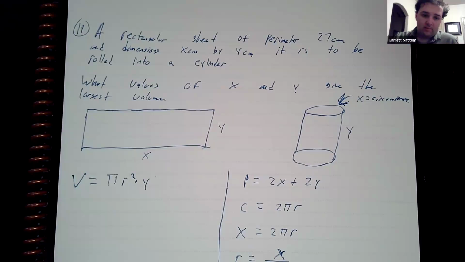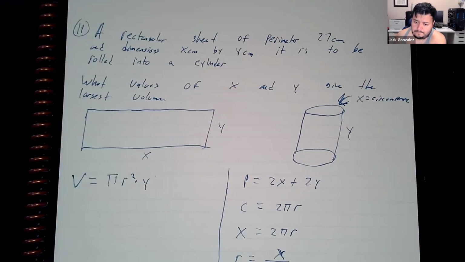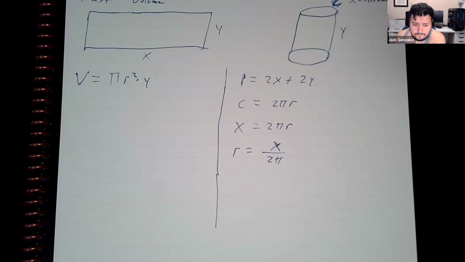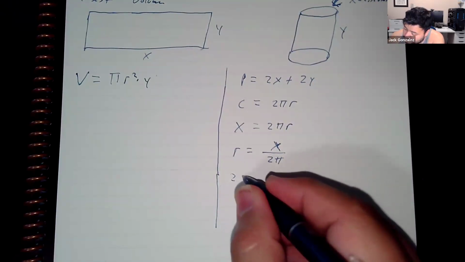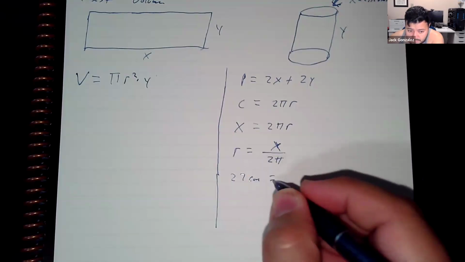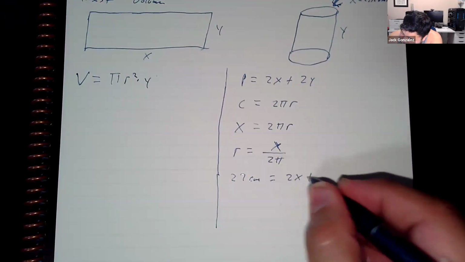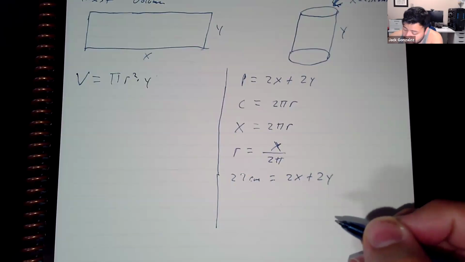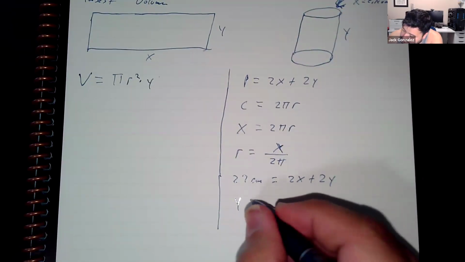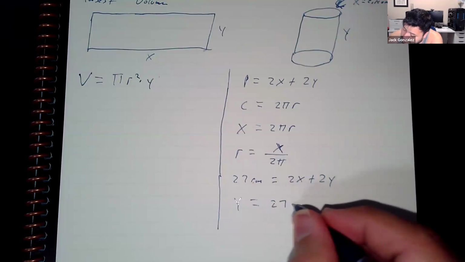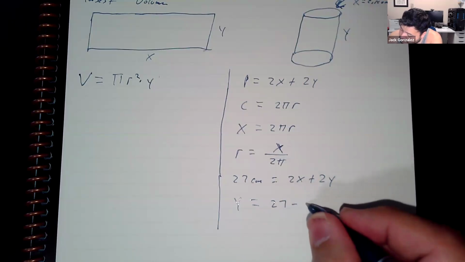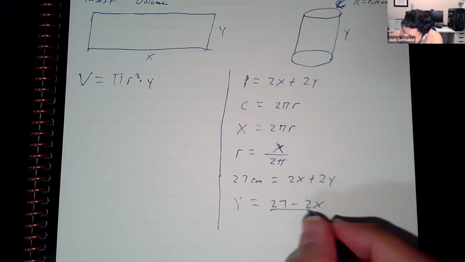Yeah. So I'm trying to get everything in terms of one variable. Okay. So 27 centimeters is the perimeter, so we can set that equal to 2x plus 2y. If you solve for y, you're going to get 27 minus 2x over 2.